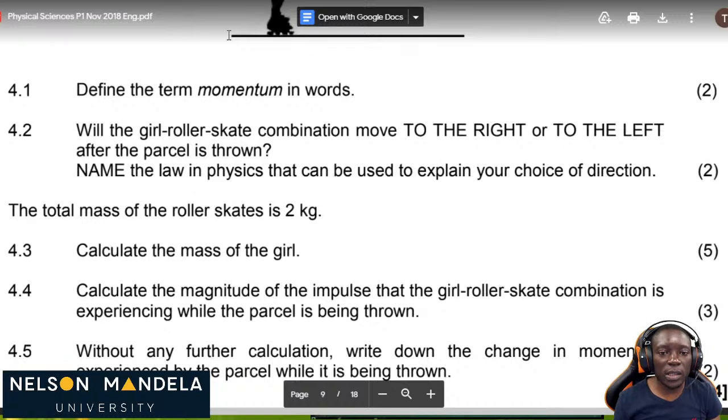Name the law in physics that can be used to explain your choice of direction.